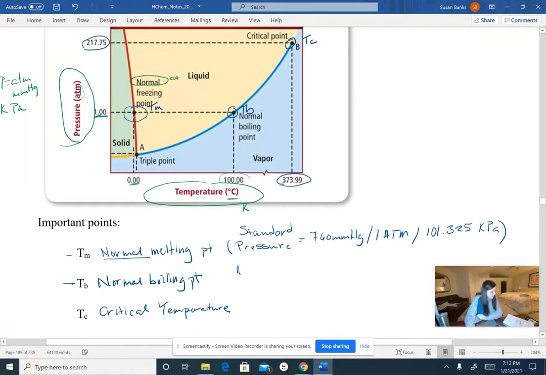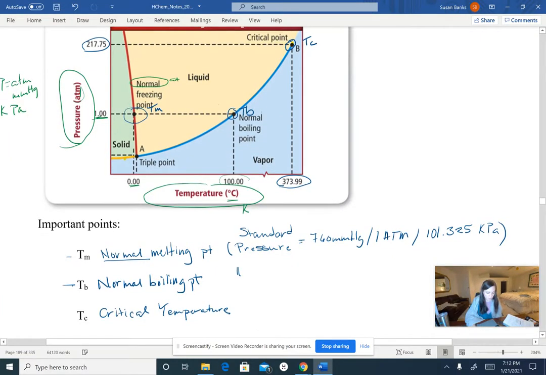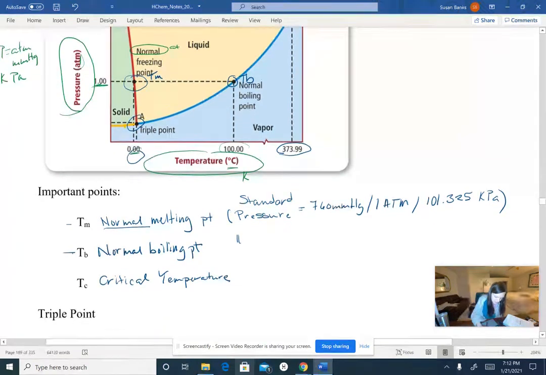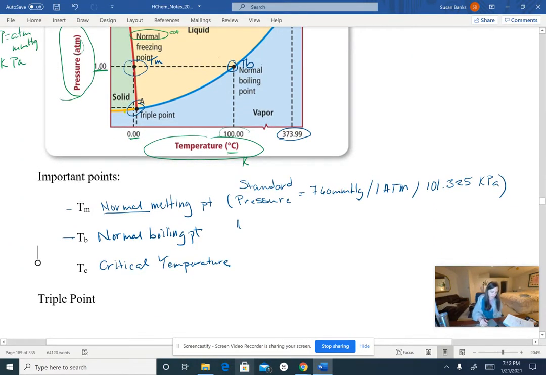So I just want to also show you this. A is what we call our triple point. Our triple point right here, this is point A. This is where all three phases exist at the same time.